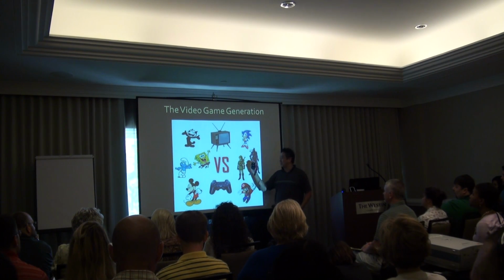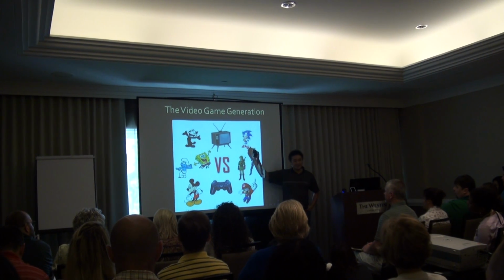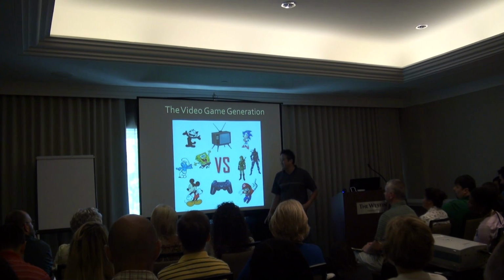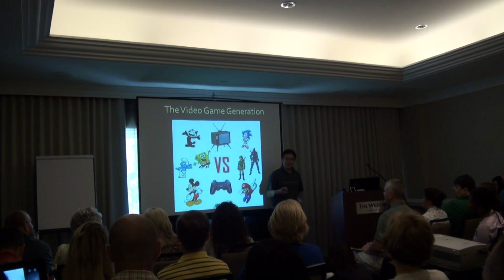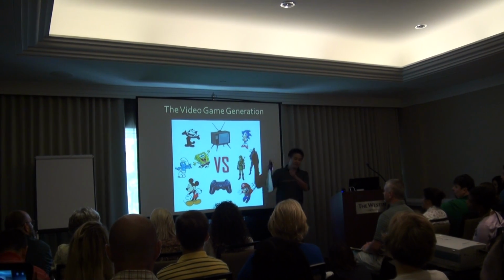But nowadays, we have video games. Kids are growing up with these iconic characters: Sonic the Hedgehog, Mario, Link, and Solid Snake for those Metal Gear Solid fans out there. But the difference is, instead of being passively entertained, you're active. You're engaged with these avatars. You're making them move. You're making them jump. You make them jump down a hole, you die.